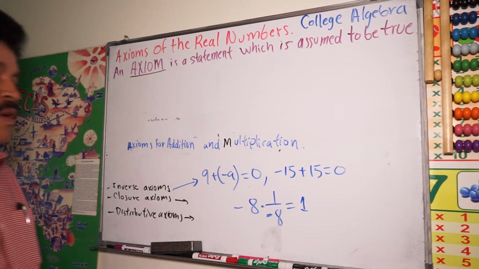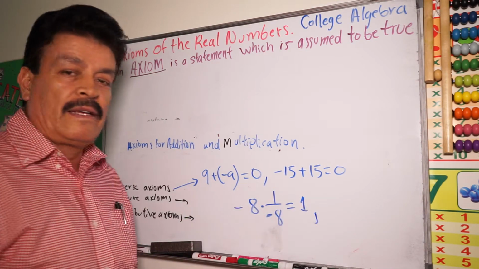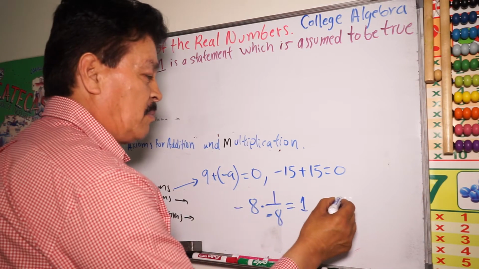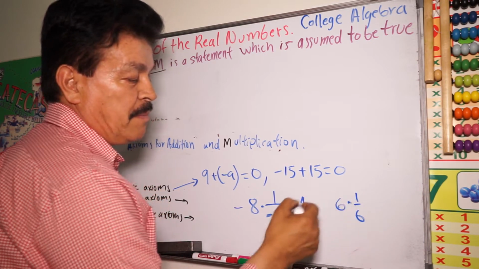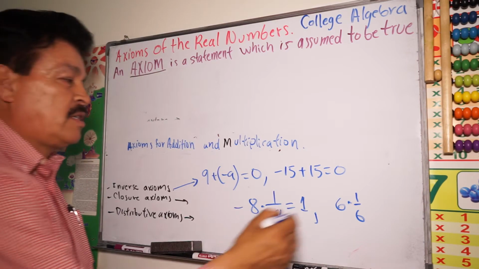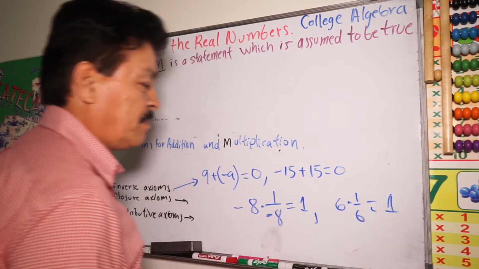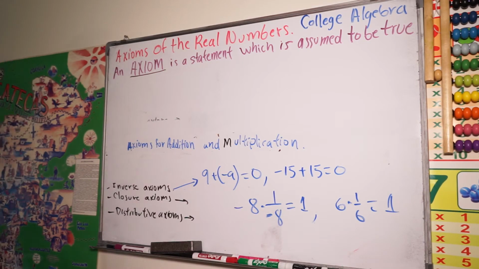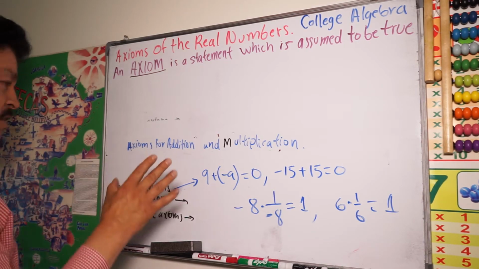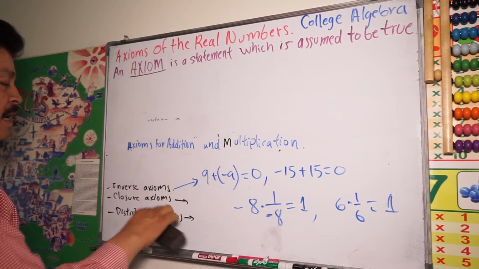Another example: for 6, the inverse is 1/6, so you multiply by the inverse and the answer is going to be 1. I think this is enough to show the inverse axioms.